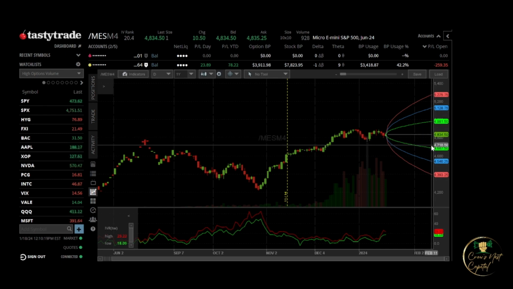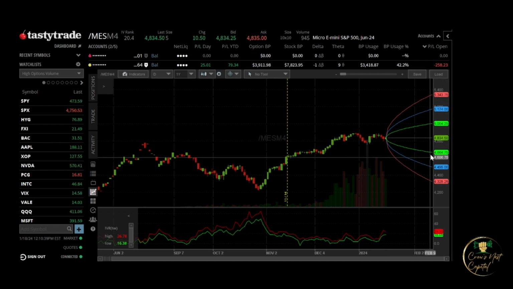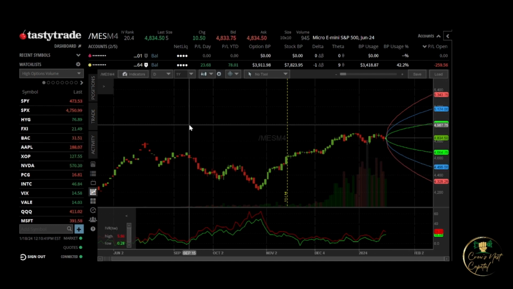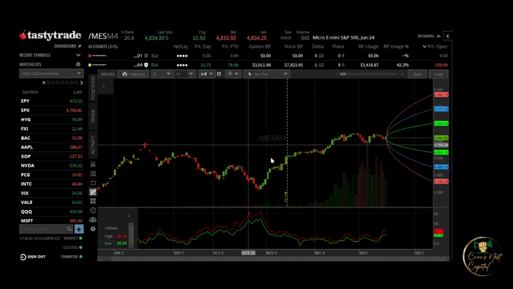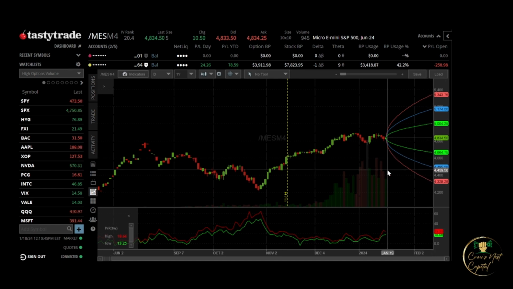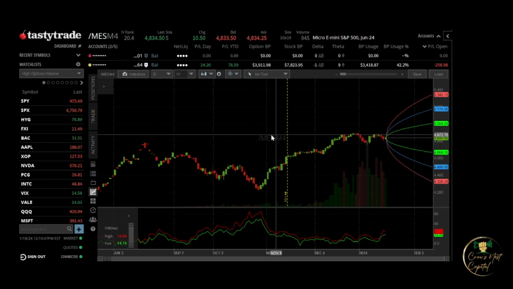If there is an outside move or an unexpected move, I expect it to stay within the blue cone. So if there is a decent move to the downside, I would say 4,600 in the next month or so could be a decent risk level in the near future.